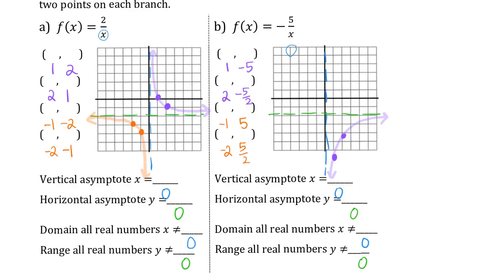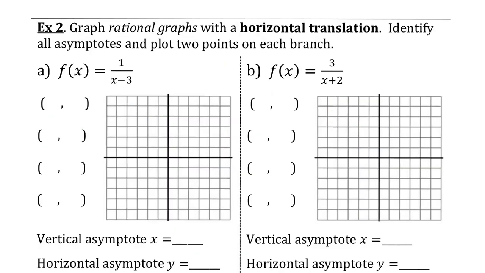So -1, 1, 2, 3, 4, 5. -2, 2.5. Okay, and even though they look a little out there, they should go up towards the vertical asymptote and then down towards the horizontal, but then they won't cross it, so it tells me the shape of the graph.